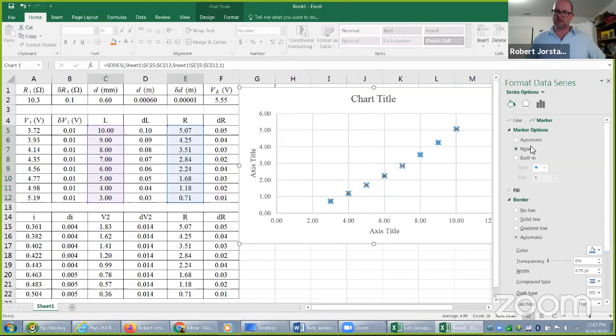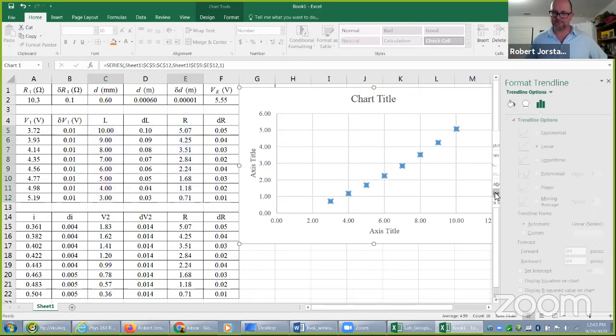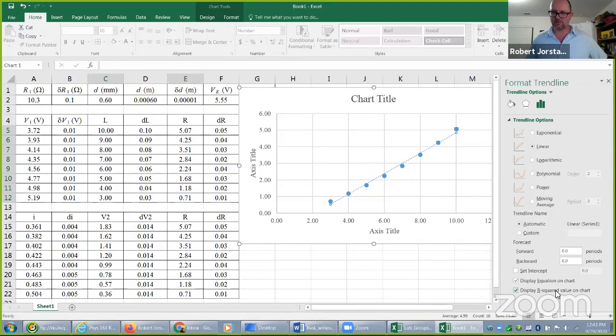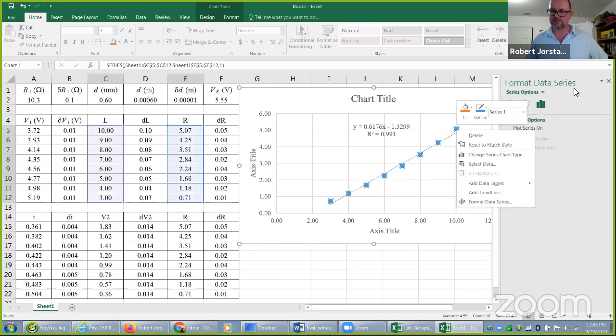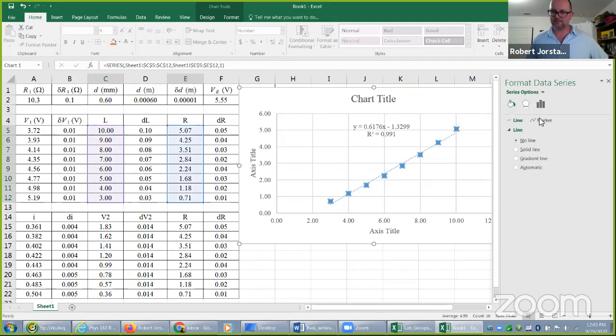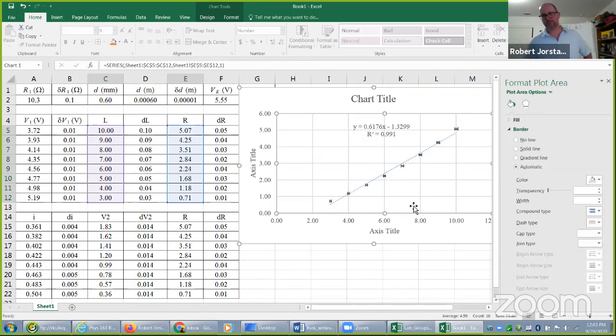But before I do that, I want to add a trend line. Display the equation on the chart. I've got this here. I'm going to now get rid of those markers. So now I can see the error bars better.